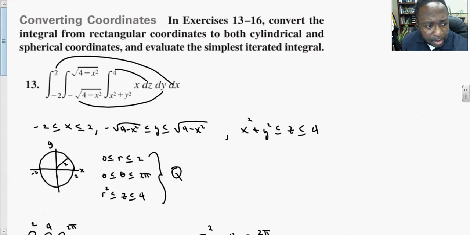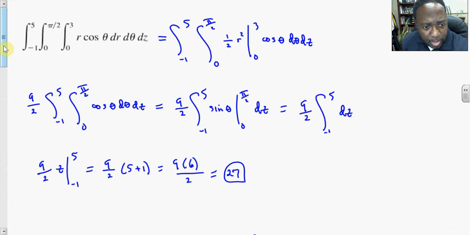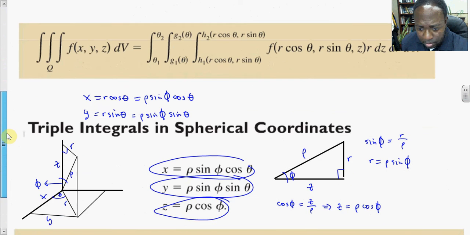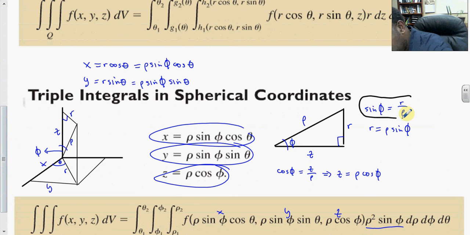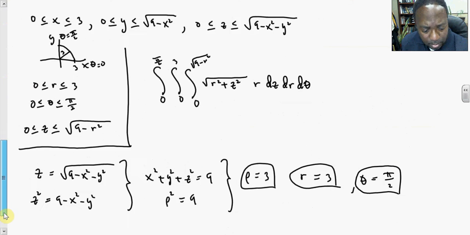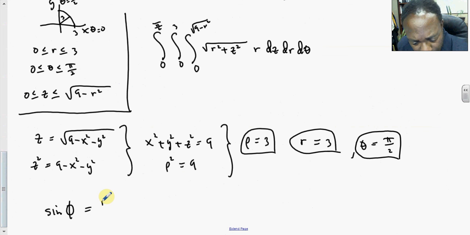Sine phi is equal to r over rho. Why am I using that? Because I have r and I have rho. Sine phi is r over rho, right? So we'll use that one. R is 3 and rho is 3.